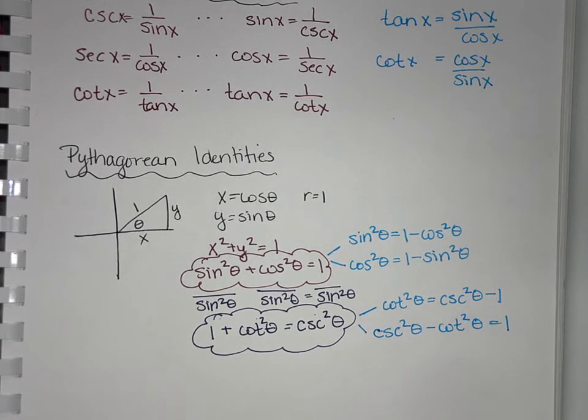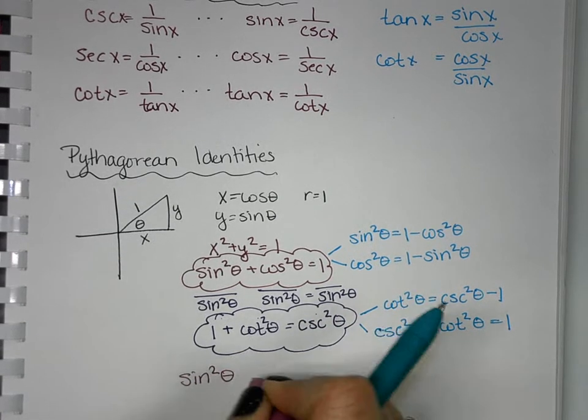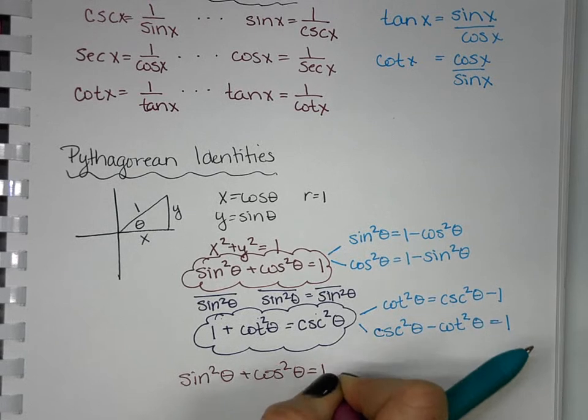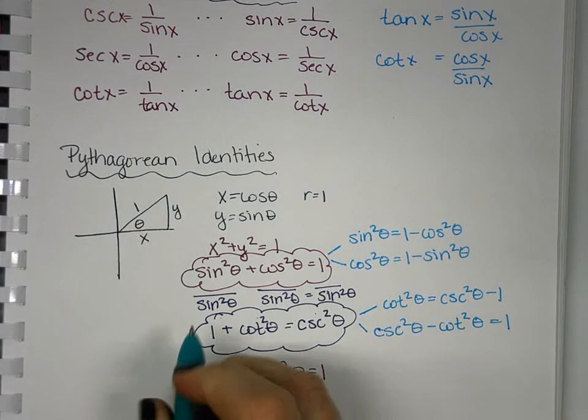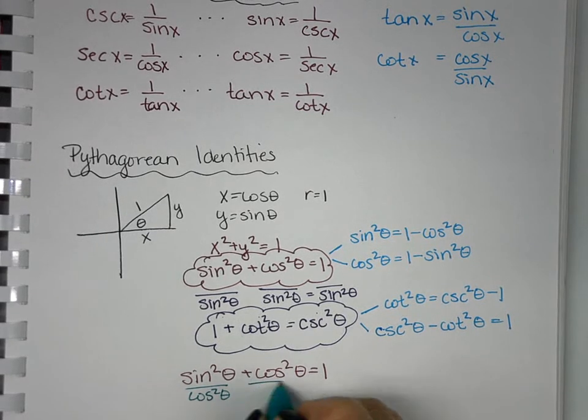Now for the last one, we're going to go back to what we had in our first trig identity, sine squared plus cosine squared equals 1. And we're going to look at what happens now when we divide everything by cosine squared theta.